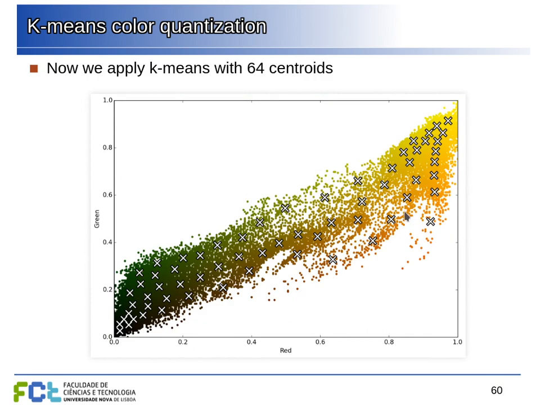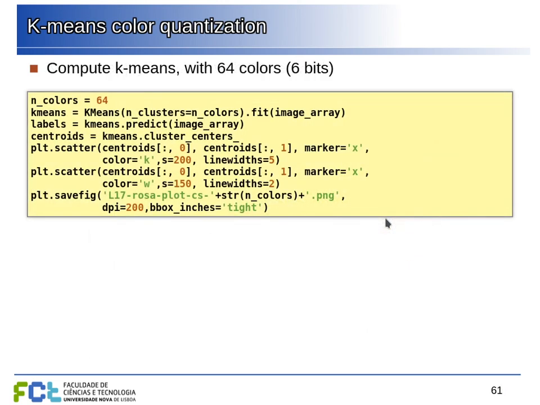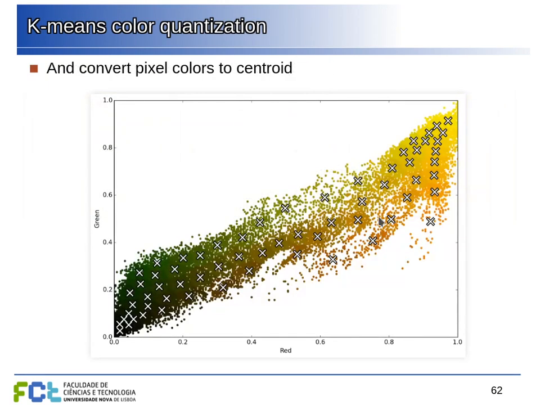And now, if we want to do color quantization, we can convert all the pixels to the color that is defined by the centroid. So basically, we're going to convert all of these different colors into just 64 colors.